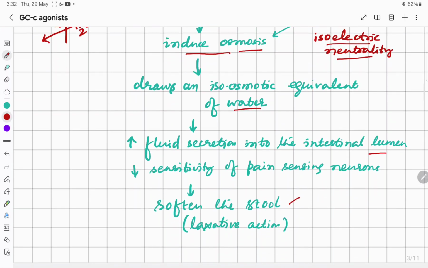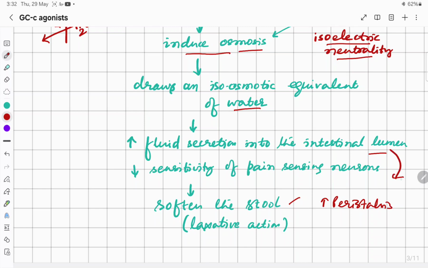and this results in an increase in fluid secretion into the intestinal lumen, which softens the stool. Also, due to the increase in bulk of water content, there can be an increase in peristaltic movement.